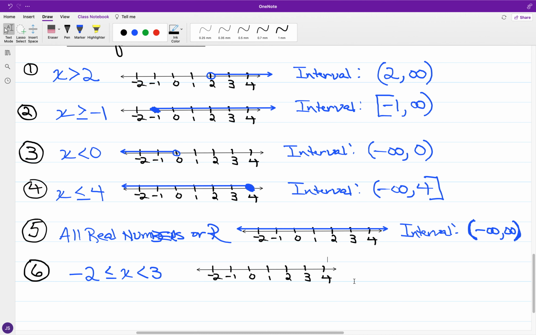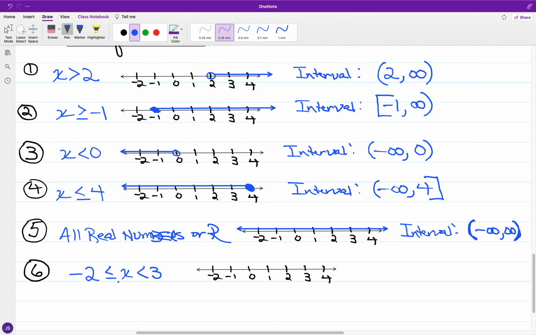So you have -2 is less than or equal to x. That's like saying that x is greater than or equal to -2. And negative 2 is included thanks to being right next to an inequality that has the equal sign included.